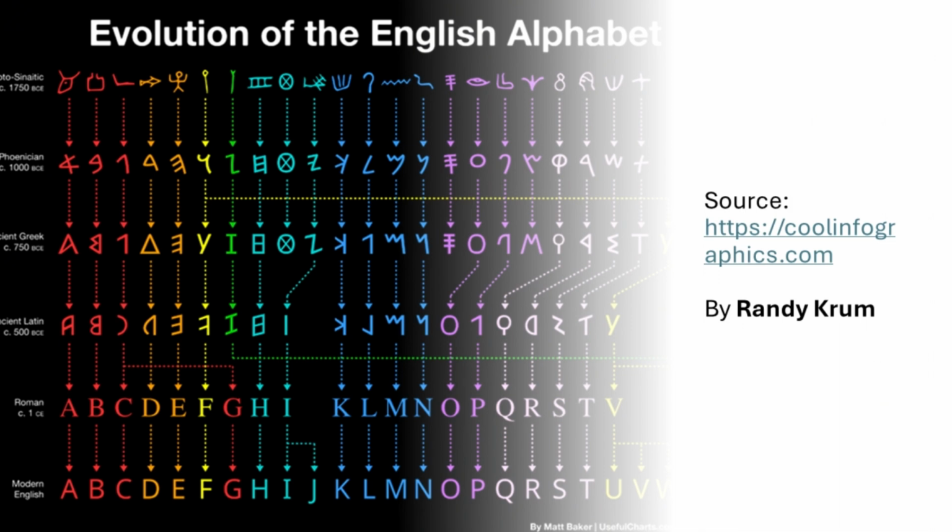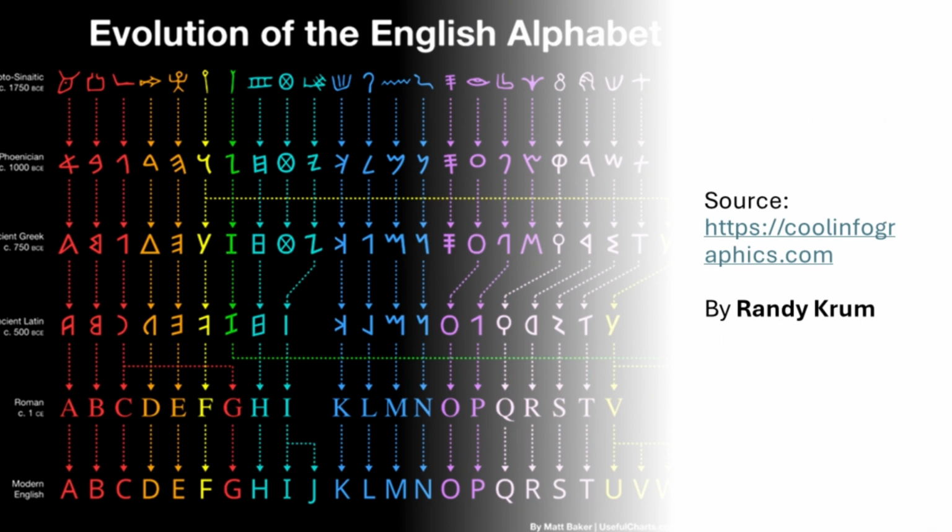This script was adopted and modified by the Phoenicians into the Phoenician alphabet, and then adopted by the Greeks. The Greeks passed it on to the Romans, who modified it to create the Latin alphabet. Over time, the Latin alphabet evolved into the modern English alphabet we use.